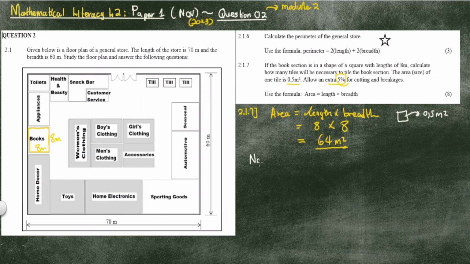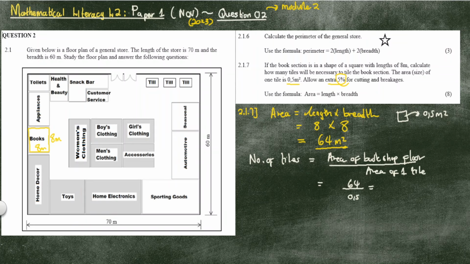So the number of tiles is equal to area of bookshop floor divided by area of one tile, equal to 64 over 0.5.